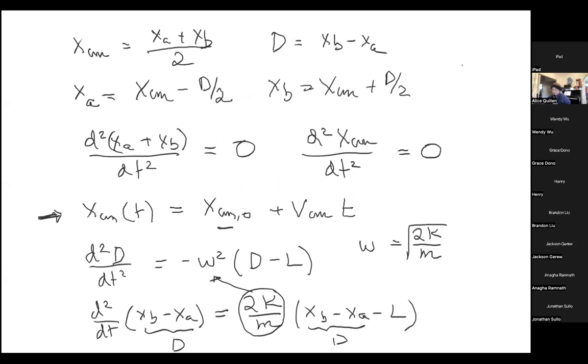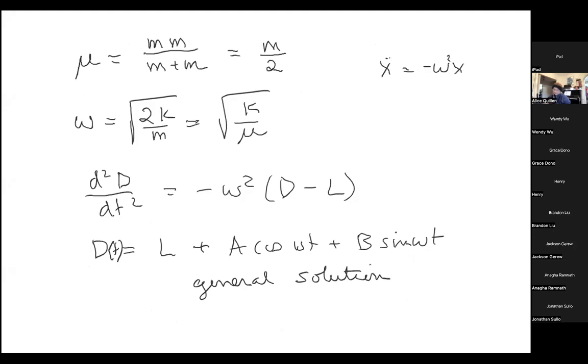There's a constant, which is the initial center of mass position, plus the center of mass velocity, which is constant. And then for the distance in between them, we have this constant and that constant. So there are four constants that will determine the solution forever. So let's now actually do an initial conditions problem. If we start off with initial conditions, we can find those constants, and then we can write down the solution forever.